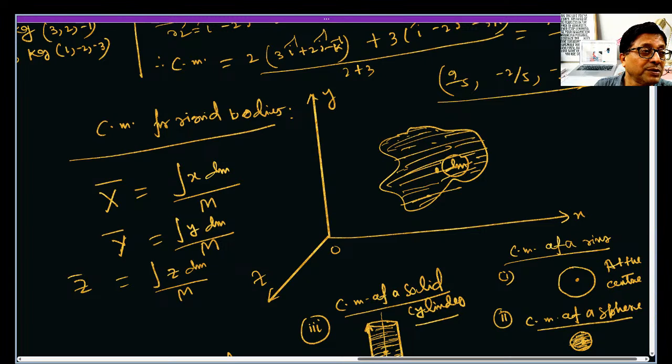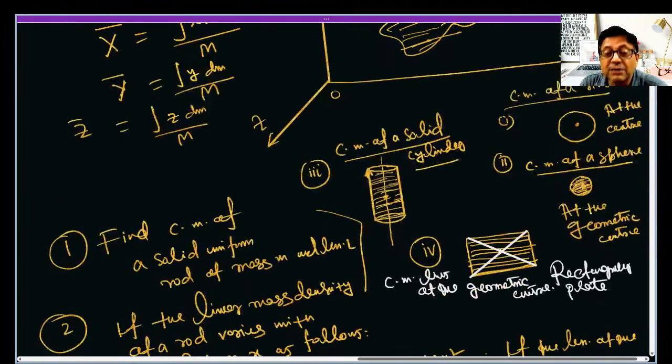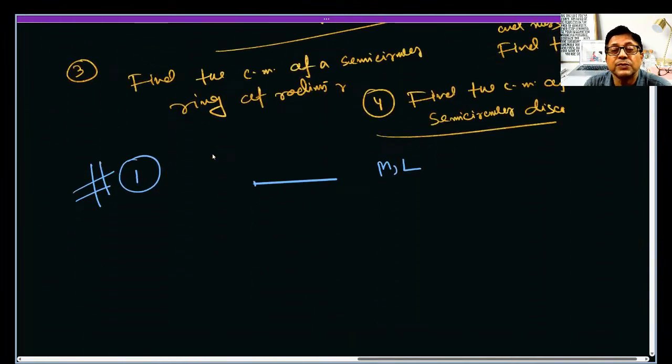Newton's second law of motion can be used for a system of particles. Okay, can it be used? This is a theoretical concept, conceptual question you have to understand. But this calculation you need to remember the result.